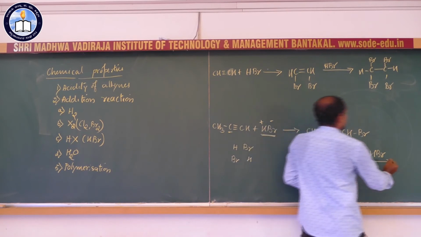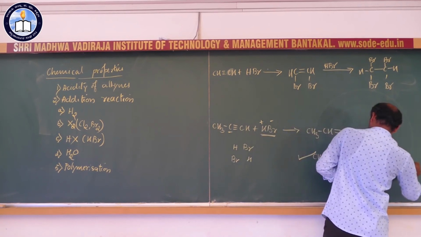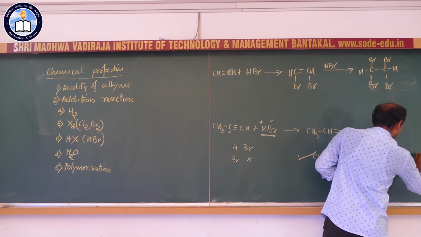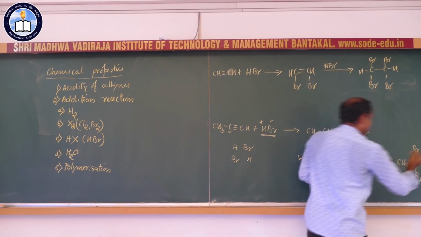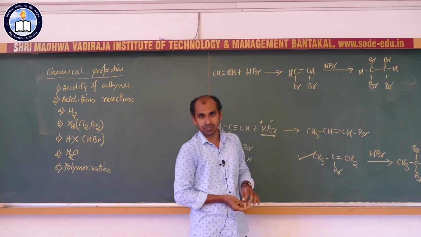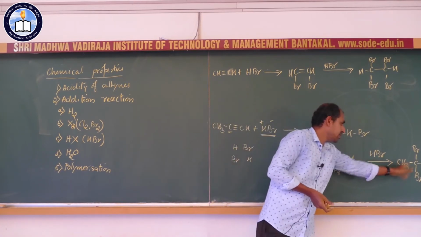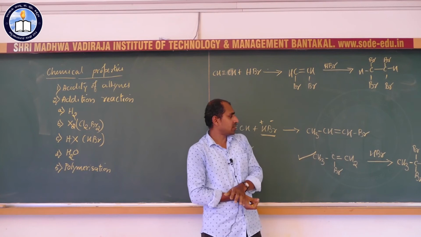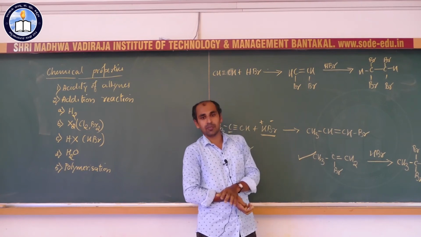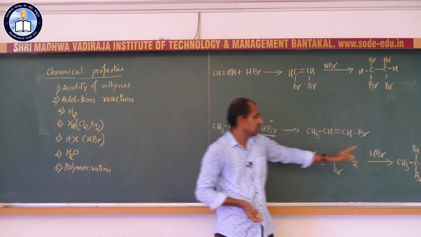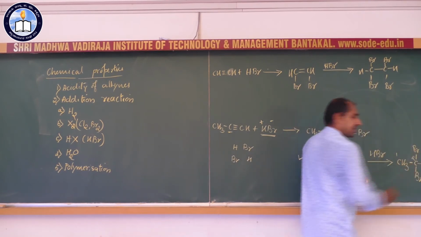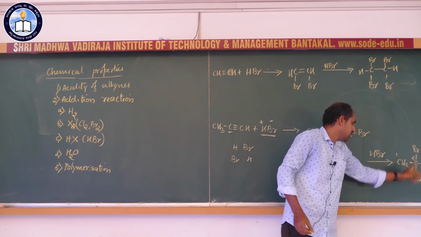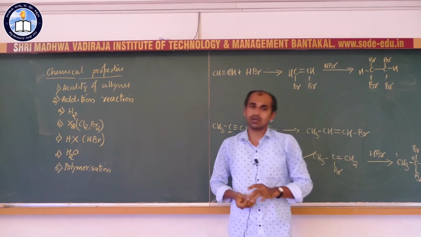Therefore, the next product is CH3, C, Br comes on the same carbon atom, and the terminal carbon becomes CH3. So it is converted into the corresponding 2,2-dibromopropane. If you number it, it is 1, 2, 3, and on the second carbon atom we have the dibromo group.